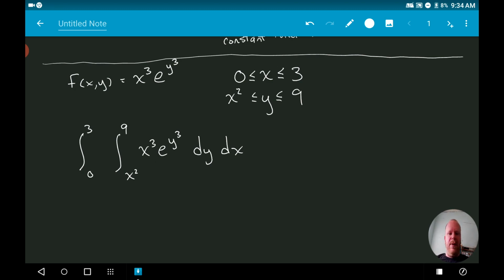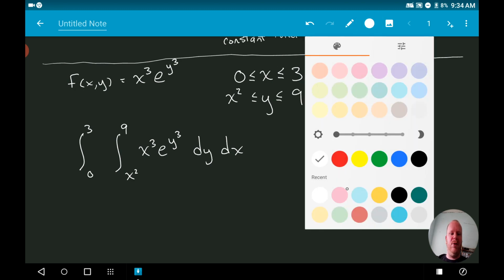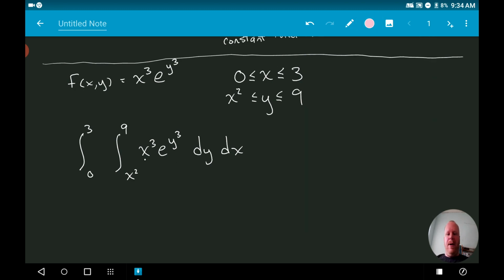So thinking back to what we did with rectangular regions, one of the things we might have to do is switch the order of these if this integral is too difficult to do by itself. So if we tried to integrate this with respect to y, we might want to try some u substitution. So u would be y to the third, and then du would be 3y squared dy.